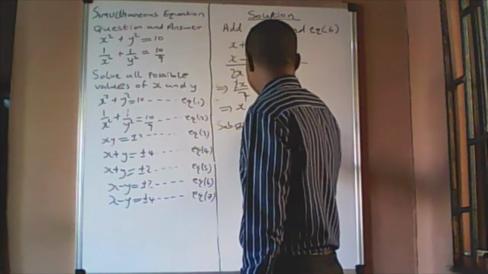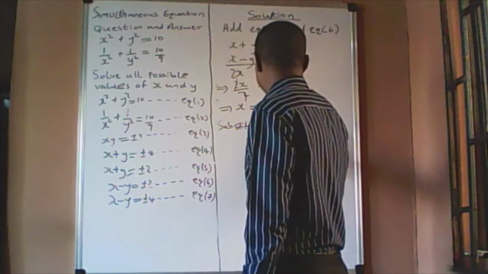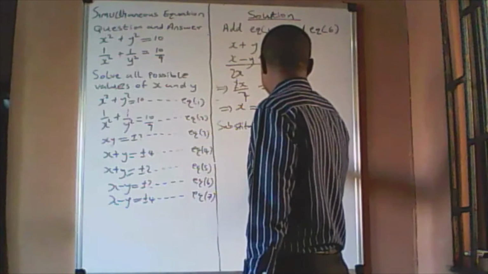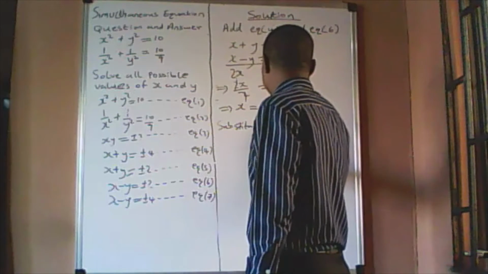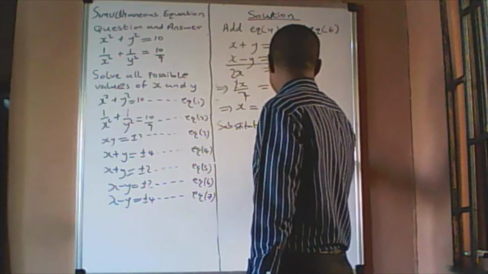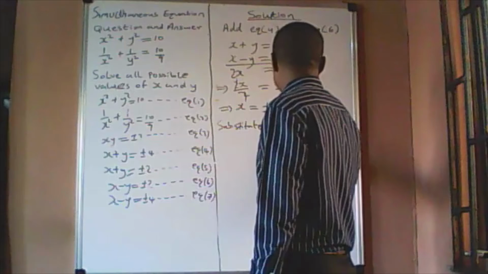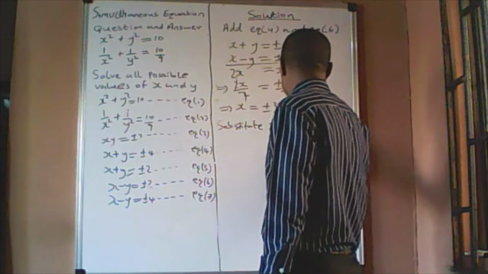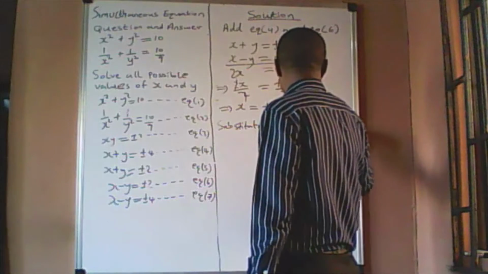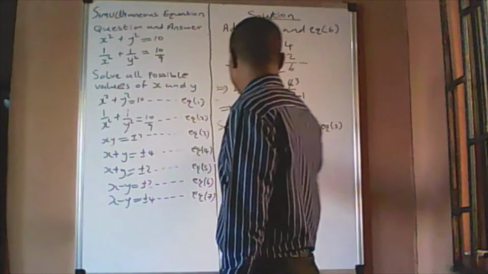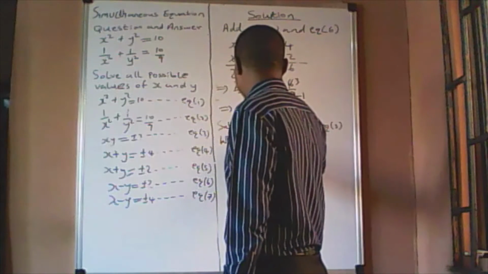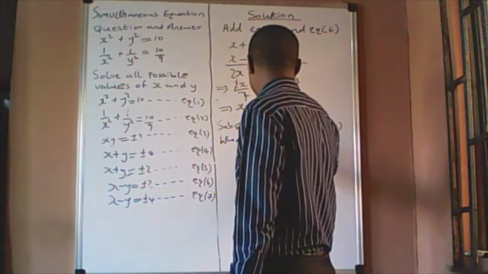Substitute x equal to plus or minus 3 into equation 3, when x times y is equal to 3.